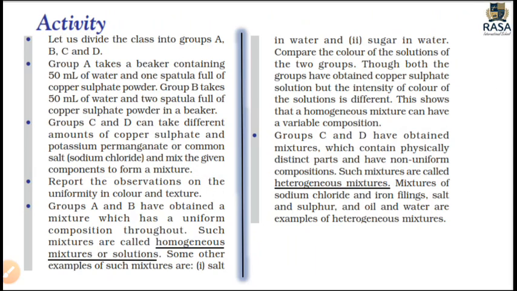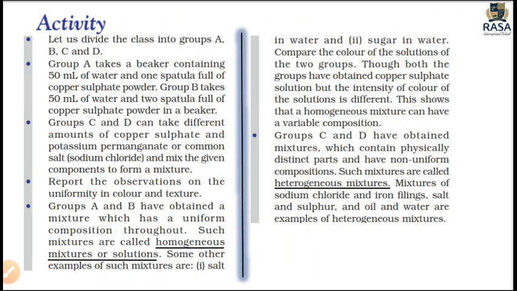There is a non-uniform distribution of particles of matter, and the mixture has non-uniform composition. Such mixtures are heterogeneous mixtures. Mixtures of sodium chloride and iron filings, salt and sulfur, and oil and water are examples of heterogeneous mixtures.